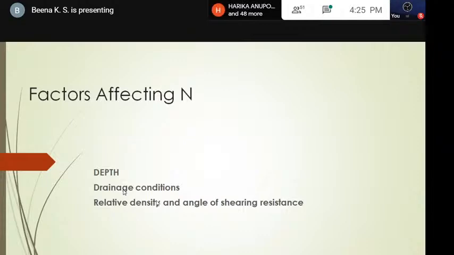So in general, we can say the observed N value depends on the competency of the soil, that is phi, and the relative density of the soil, and the depth at which the observations are being taken, and the drainage conditions, that is, whether the test is conducted in a saturated condition or not.